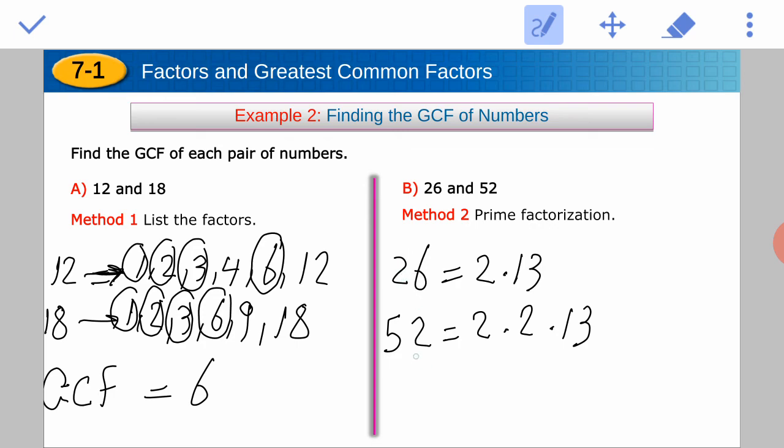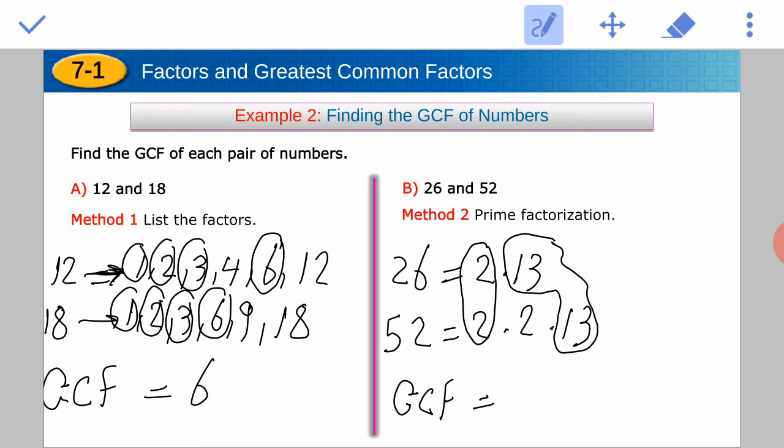Step number 3, how do I find the GCF, the greatest common factor of these two numbers? I'm gonna circle any common factor I find. 2 is common between up and down, so I'm gonna circle this 2. 13 is also common. Yup, 13 is common between 26 and 52.